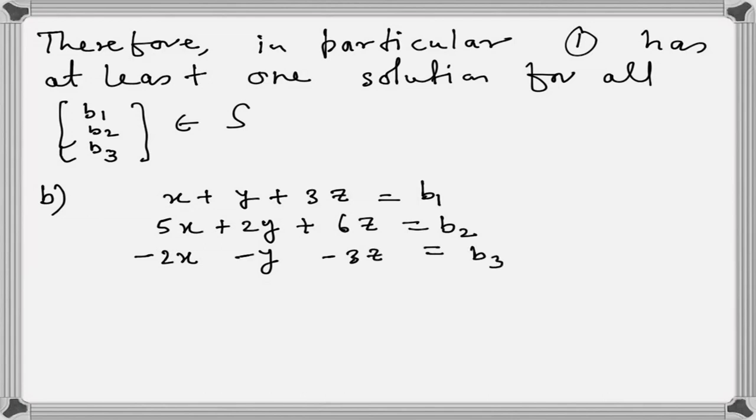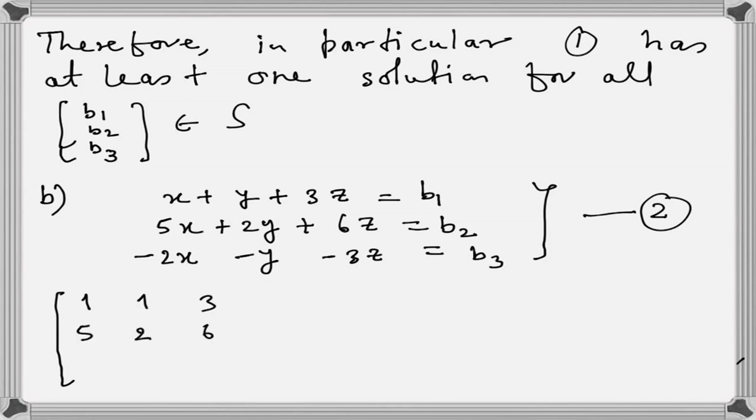Alright, so let's check whether this system has at least one solution for all b1 b2 b3 belonging to S. Let's solve system 2. Okay, so write the augmented matrix for the system: 1 1 3, 5 2 6, minus 2 minus 1 minus 3, b1 b2 b3.